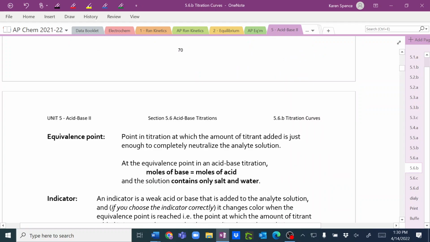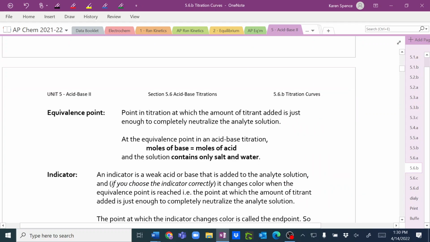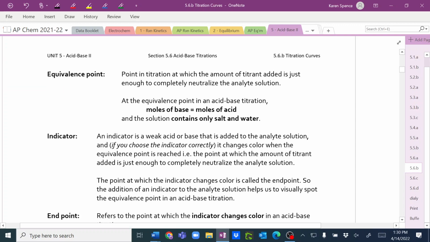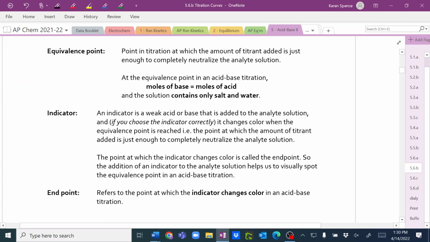The equivalence point is the point at which the titrant added is just enough to completely neutralize the analyte. Our indicator changes color if you choose the indicator correctly, which we are going to focus on in this worksheet as well. It will change color when the equivalence point is reached.